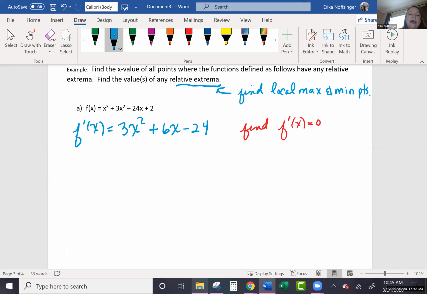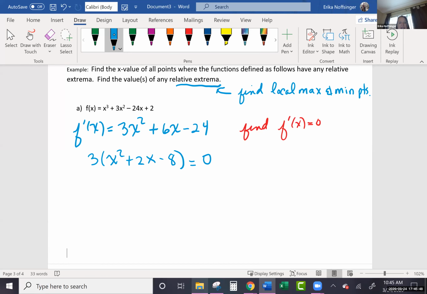And so we're looking at when is 3x squared plus 6x minus 24 equal to 0. When I write that out, I'm going to factor out a 3. So pulling out a 3, that would be 3 times the quantity x squared plus 2x minus 8. We're looking at when that is all equal to 0. So this is a quadratic function.